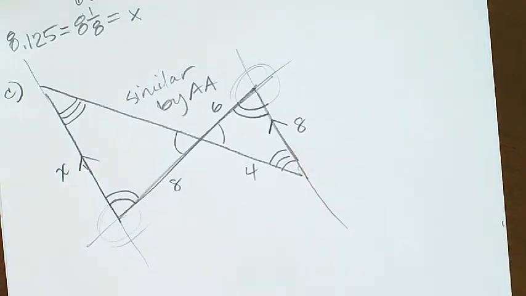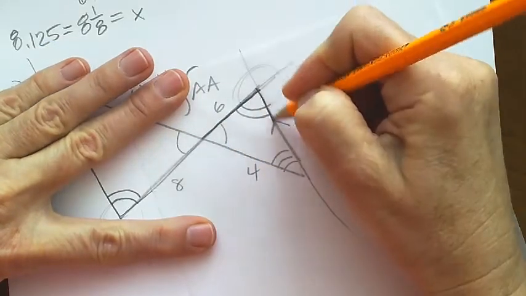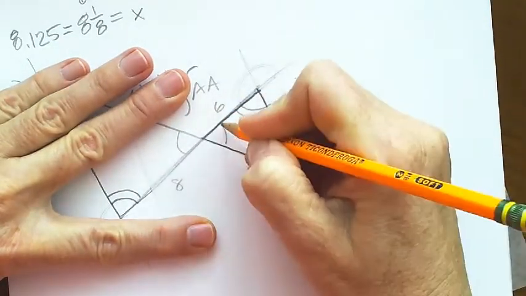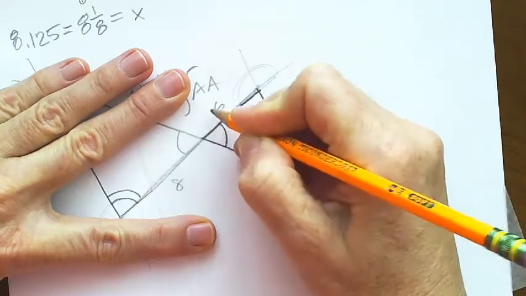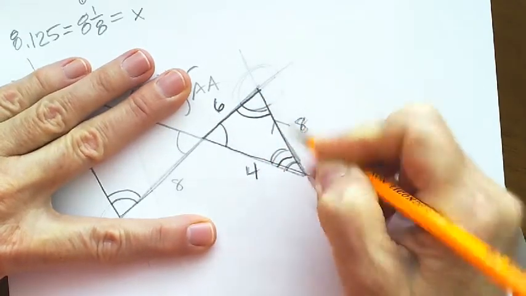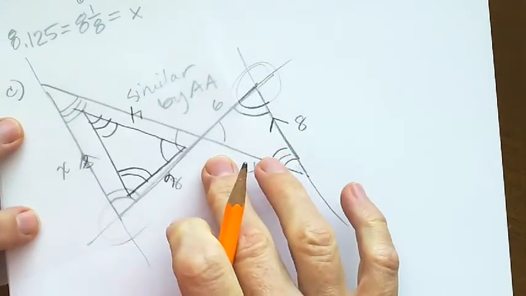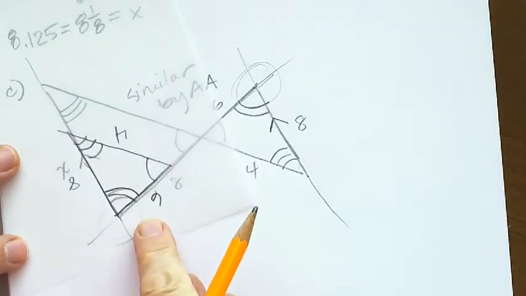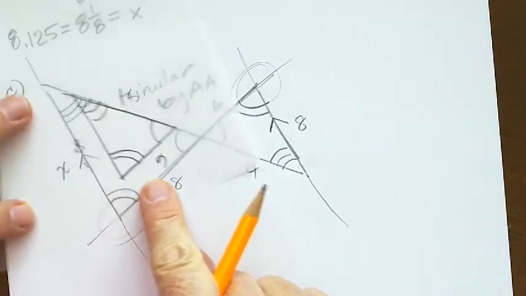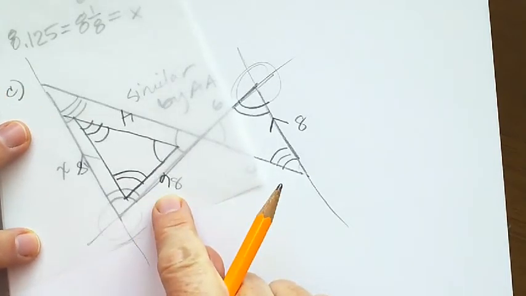But if you saw this on the test and you were really not sure which sides go together, you could just take some tracing paper and trace one of your triangles, and then I'm going to rotate this, and the angles will match, but the sides are not going to match because they are similar. But that could help you with knowing what sides correspond.